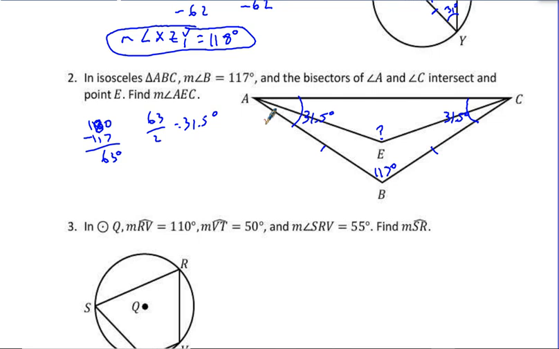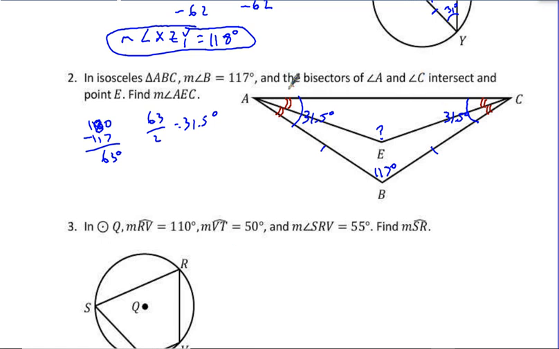The next piece of this problem says that the bisectors of angle A and angle C will intersect at point E. So AE will bisect this angle, saying that this angle and this angle are congruent, and they are congruent also to these over here in angle ACB.